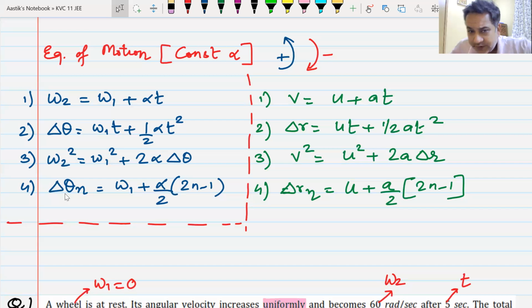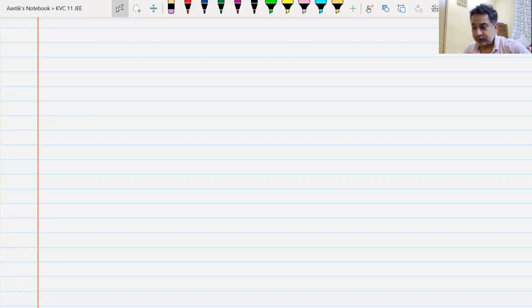So what we will do is write everything together, put them in one column, and then we can see how these things are in angular motion or circular motion or rotational motion and how these things look like in your linear motion.